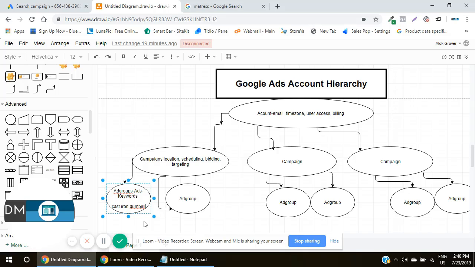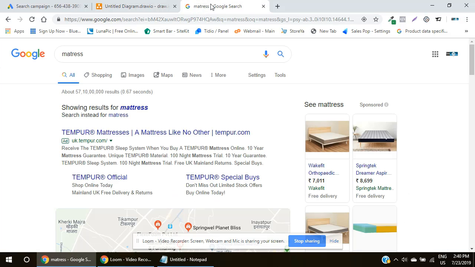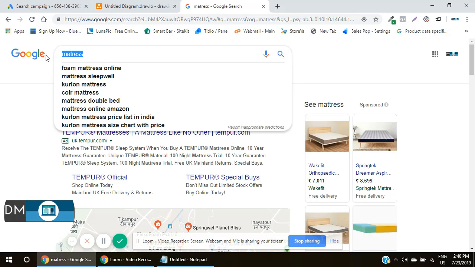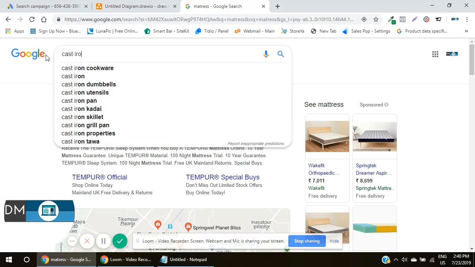This is the keyword that we have set in our campaign's ad group. This is the keyword that I, as an advertiser, am using in my campaign. Now if a user, like you as a user, is searching on Google, you go to Google and say cast iron dumbbell.